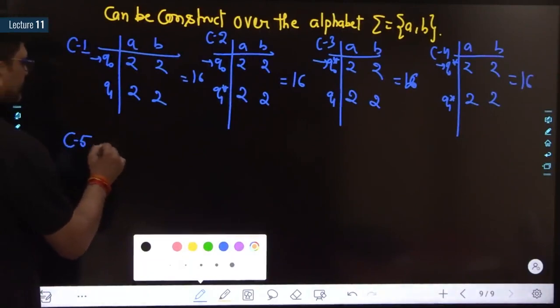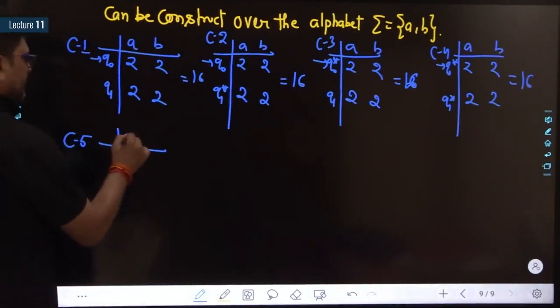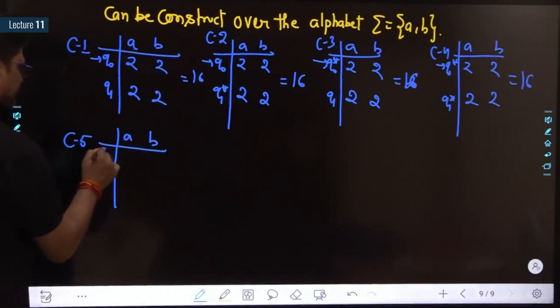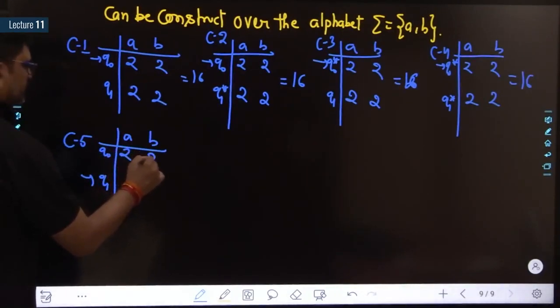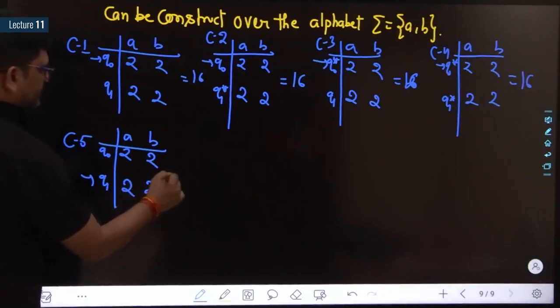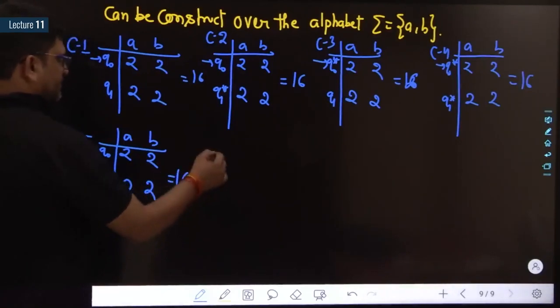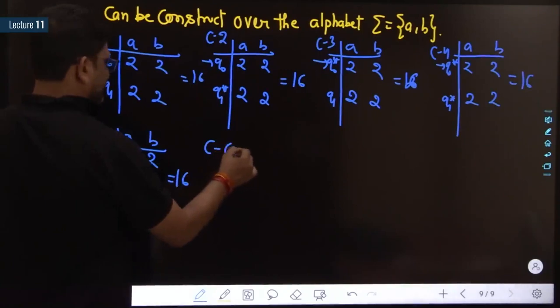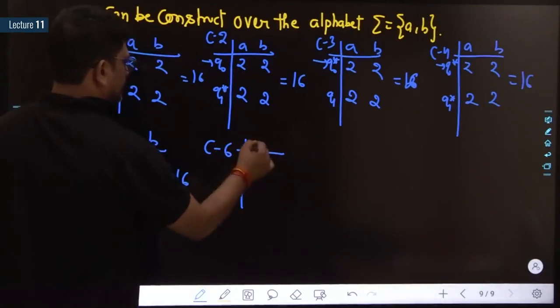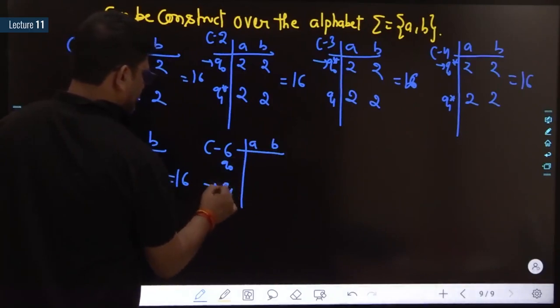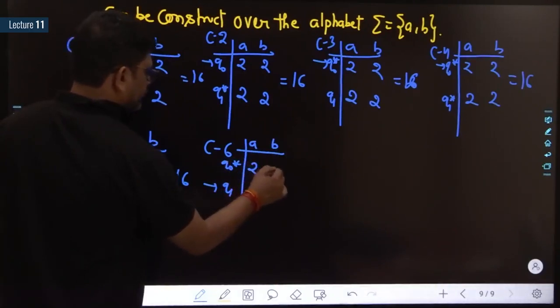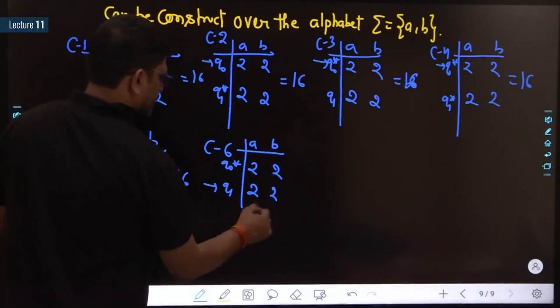Case 5. A, B. Q1 is the initial state. There is no final state. Then 16 DFAs. In case 6, A, B, Q0 is the final, 2, 2, 2, 2.